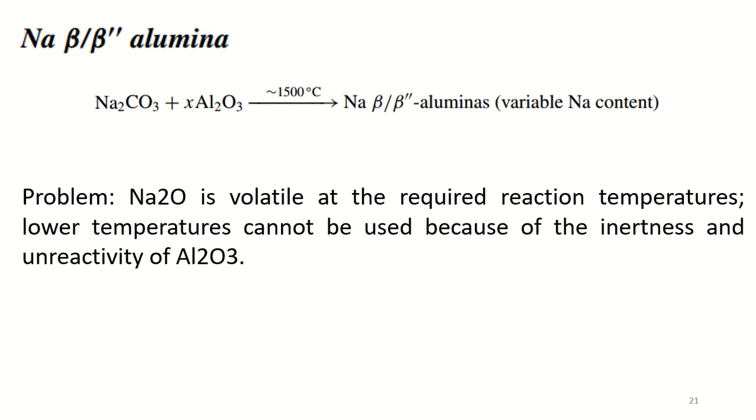So there will be a variable content of sodium in this compound. The problem is sodium oxide Na2O is volatile at the required reaction temperatures. Lower temperatures cannot be used because of the inertness and unreactivity of aluminium oxide.